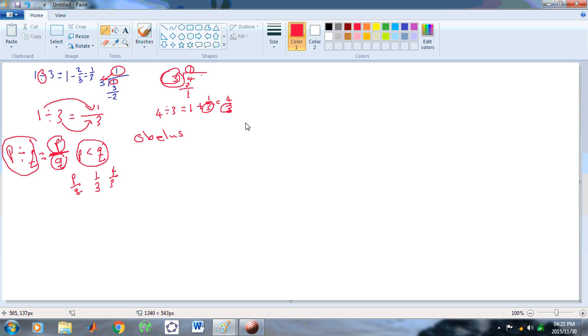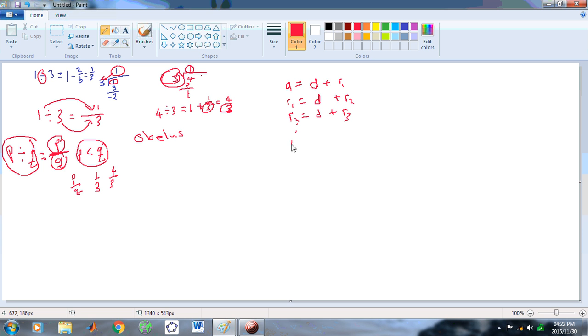So an obelus is based on the Euclidean algorithm. And this here is the Euclidean algorithm we've been using. And we can actually write down the Euclidean algorithm as follows. We can say if a is the number that we're dividing by d, then we simply say a is equal to d plus some remainder. Okay, and then the remainder is equal to d plus another remainder, and so on until we get to a point where the remainder is less than the divisor.